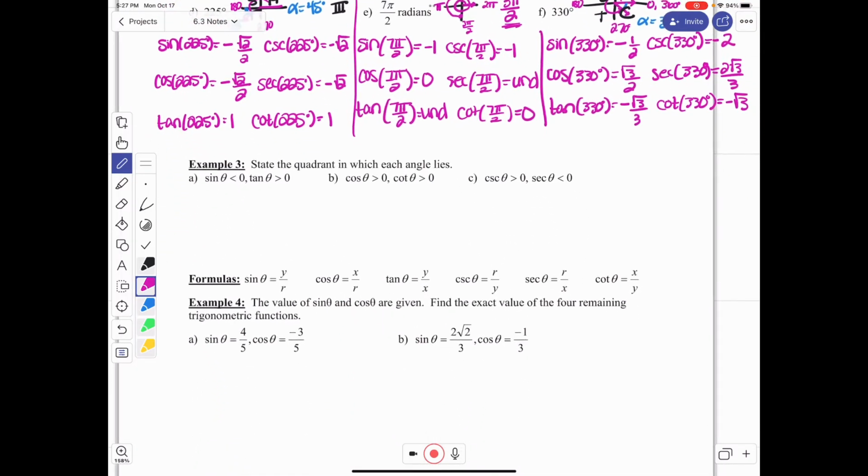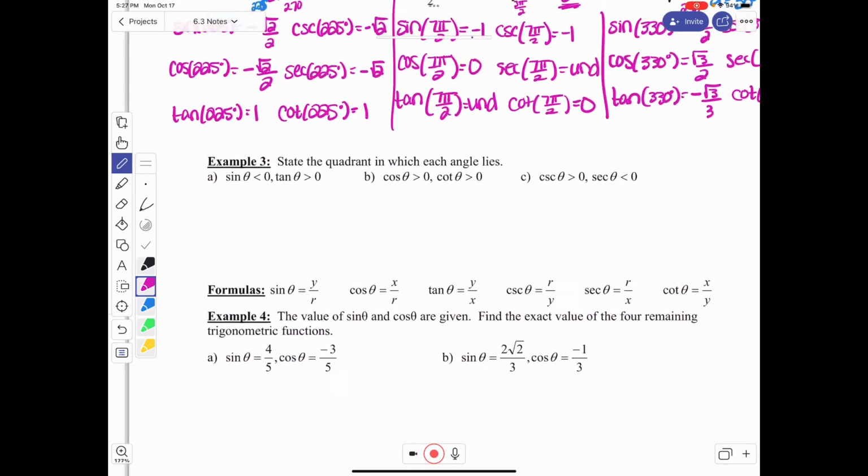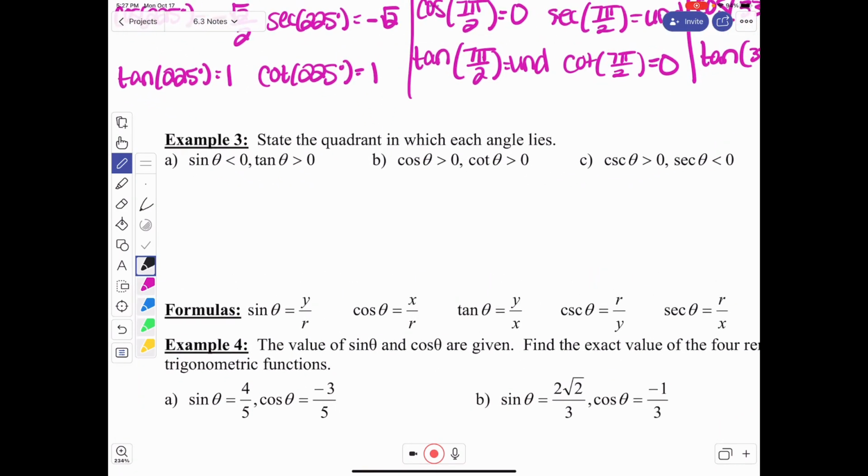Okay, so on these, state the quadrant in which each angle lies. So here's how I like to do these. I like to draw my quadrant. It tells me sine is less than 0. It tells me sine is negative. Well, I know sine is positive here and here, so sine will be negative here and here.